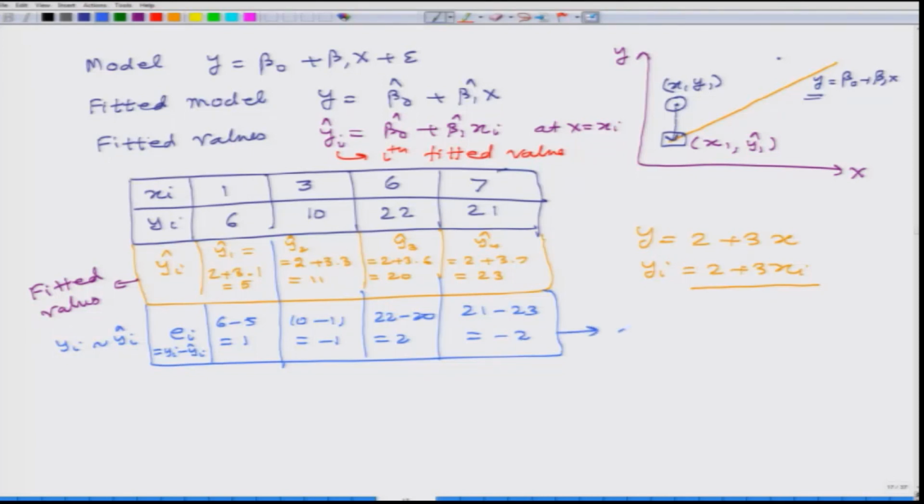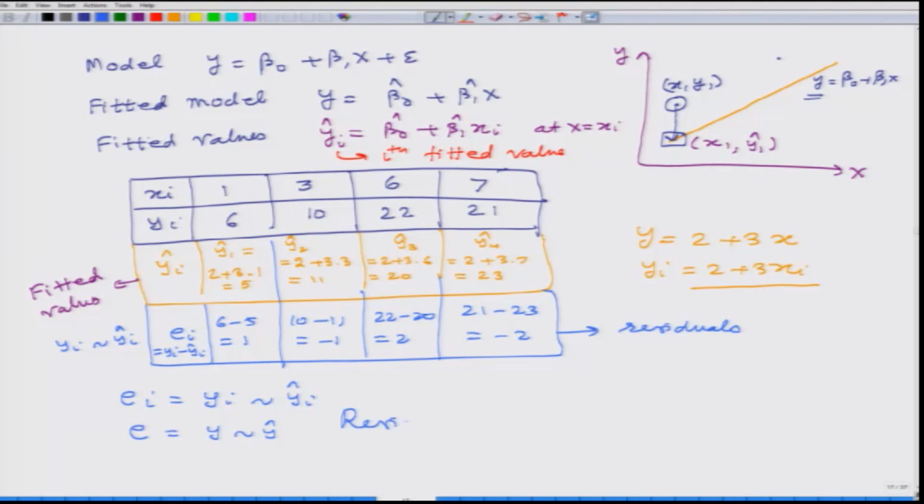These values are called residuals, and I denote them by ei. So, ei is nothing but the difference between yi and yi hat, and in general I can define a residual as the difference between observed and fitted values.